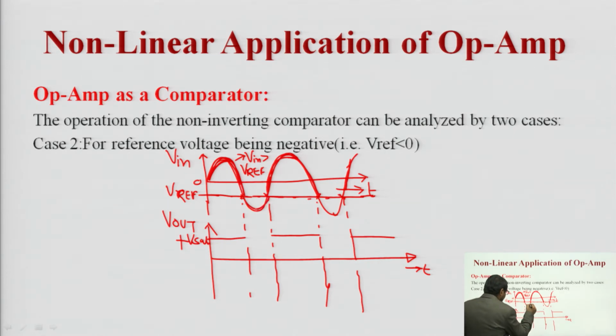If you consider these two regions, we can say that V in is less than V reference, or V plus is less than V minus, then the output is minus V set.